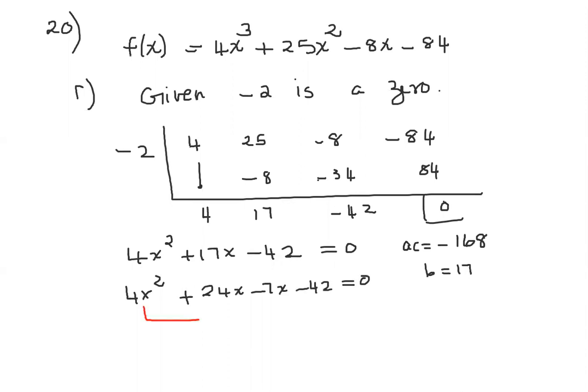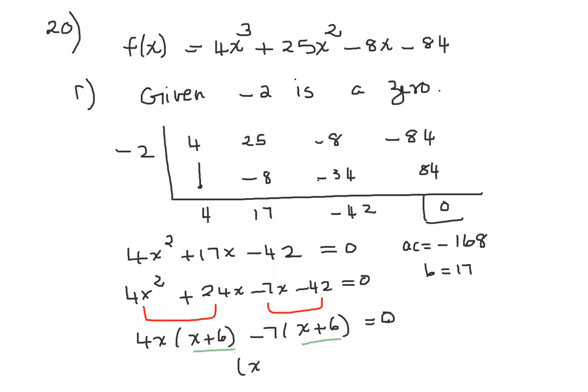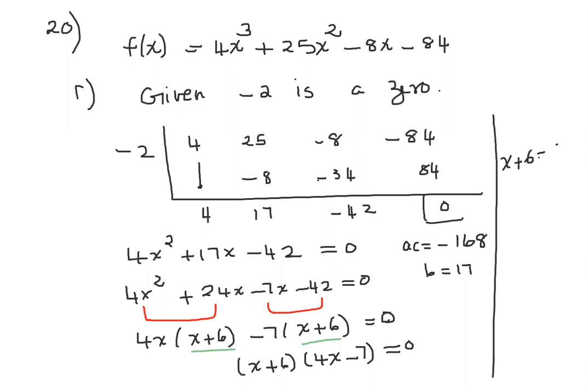We use grouping. So we have 4x is common. Then we have x plus 6 is common. So we are getting x plus 6 equal to 0. And so x equals -6.